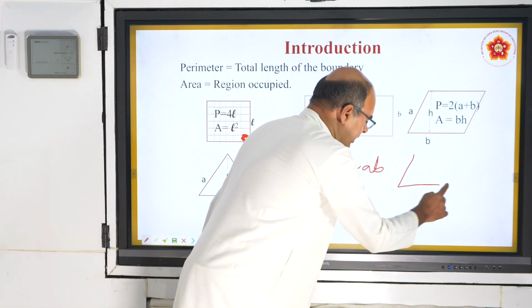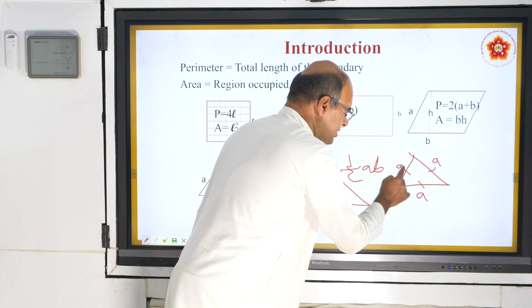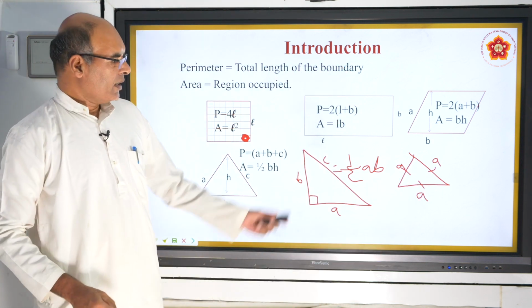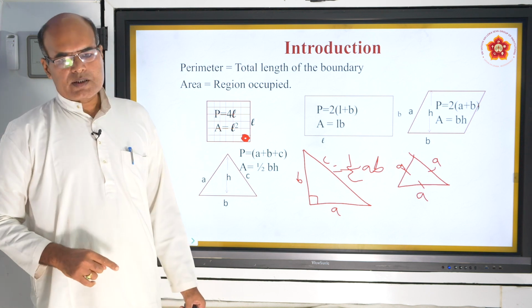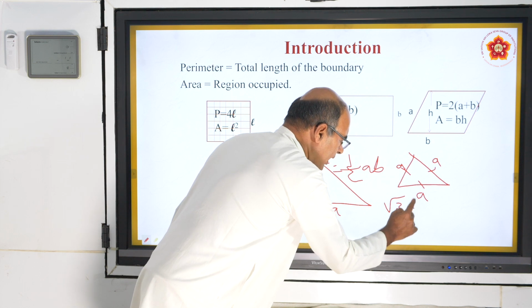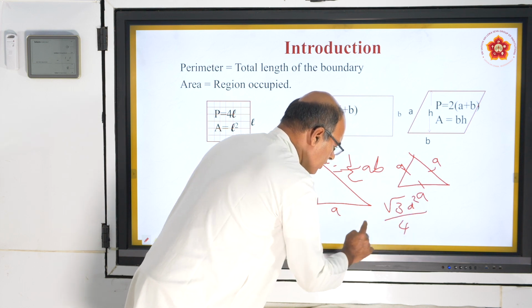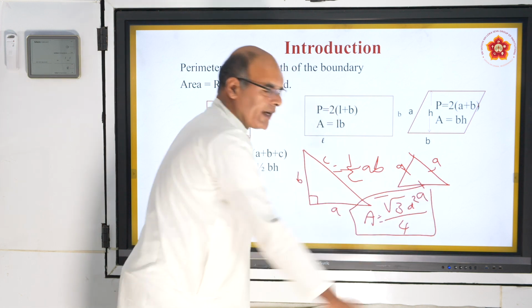If it is an equilateral triangle, all the 3 sides are equal, and if each side is A units, then perimeter P is equal to 3A units, and area is root 3 A square divided by 4 square units. So this is the area of an equilateral triangle.